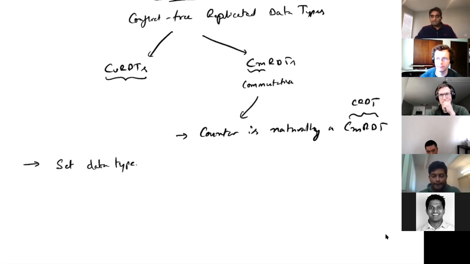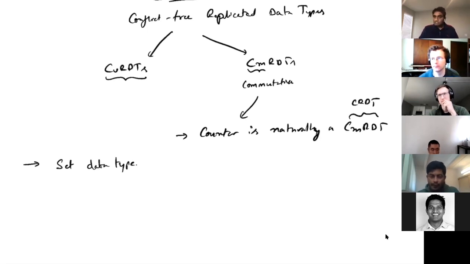If I have only insertions, for instance, is it a CRDT? It is, because it doesn't matter what elements you're inserting. Eventually, when you get all the elements, you have all the elements in the set.